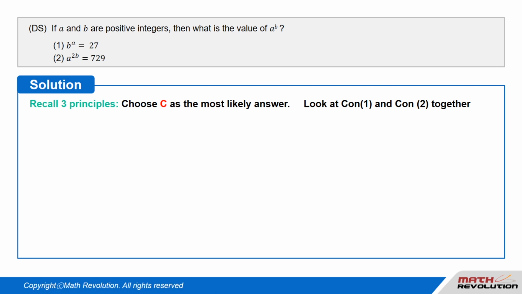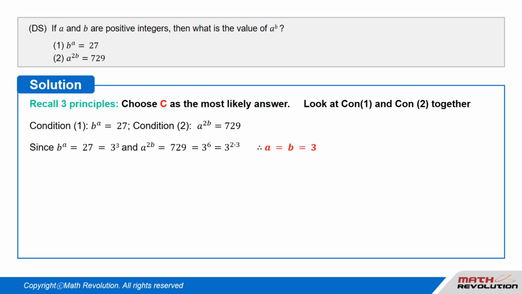Let's take a look at conditions 1 and 2 together. Condition 1 tells us that b to the power of a is equal to 27, and condition 2 tells us that a to the power of 2 times b is equal to 729.